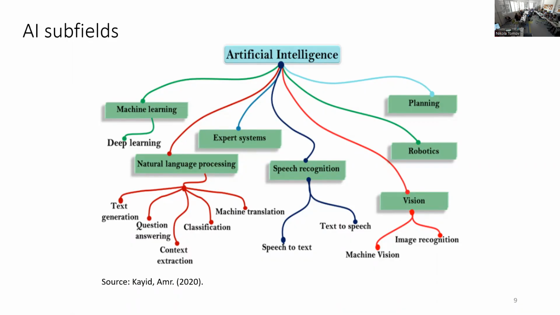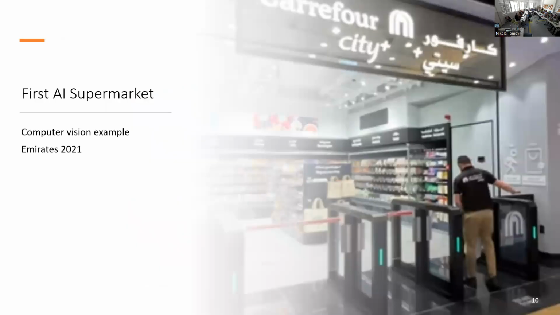An example of computer vision is the first AI supermarket, built last year, I think, in the Emirates. You walk inside, take your products off the shelf, and just walk out without waiting in line at the cashier. How does this happen? There are cameras.